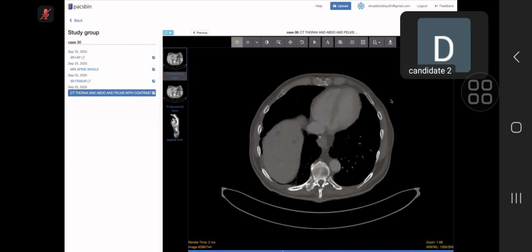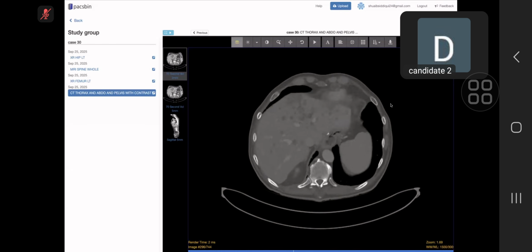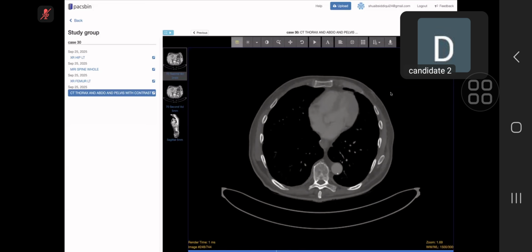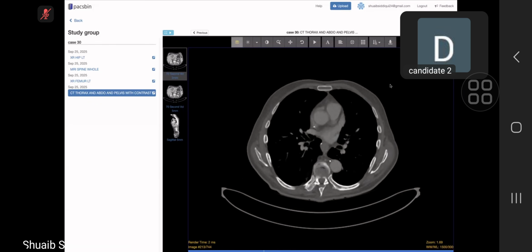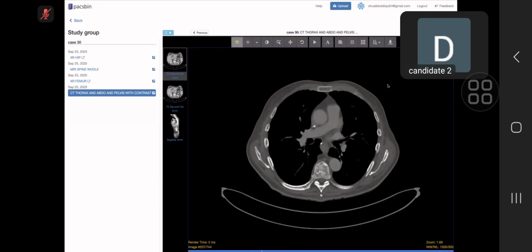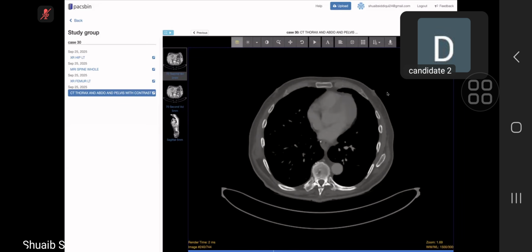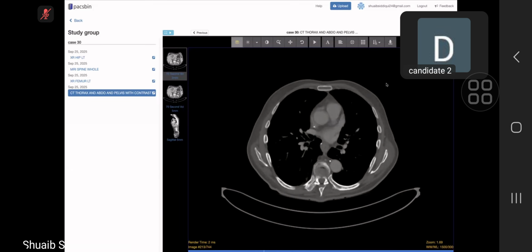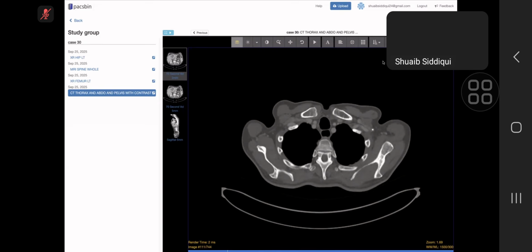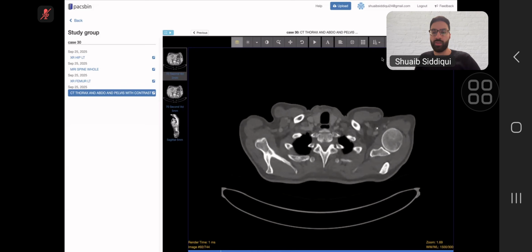And there is some sclerotic lesion also noted. Multiple lytic lesions within the spine. Okay, that's fine. Stop there, please. Thank you. Stop scrolling.